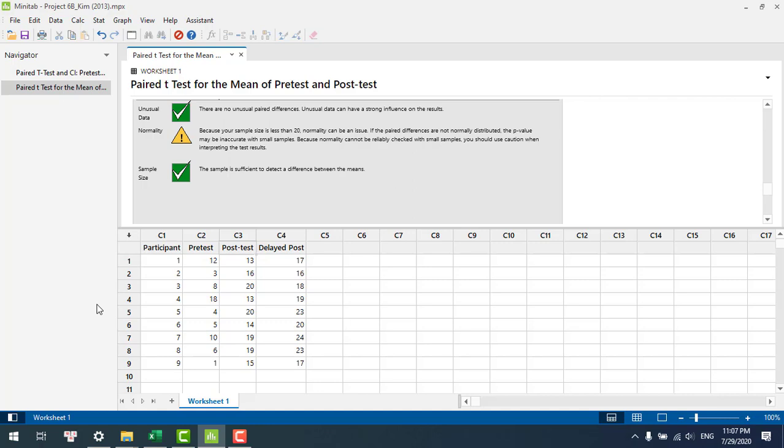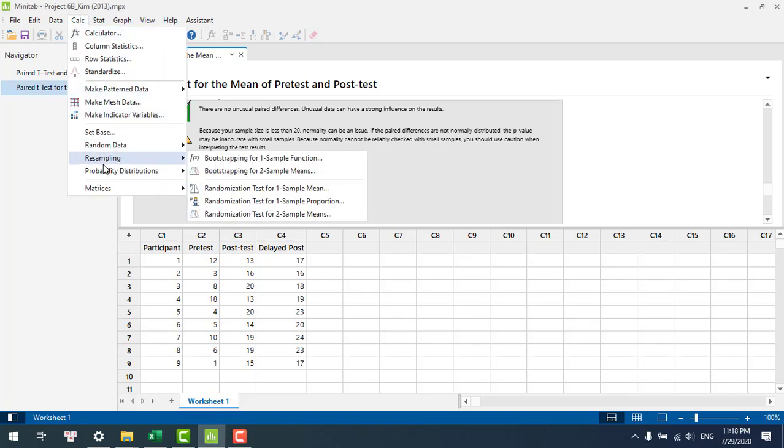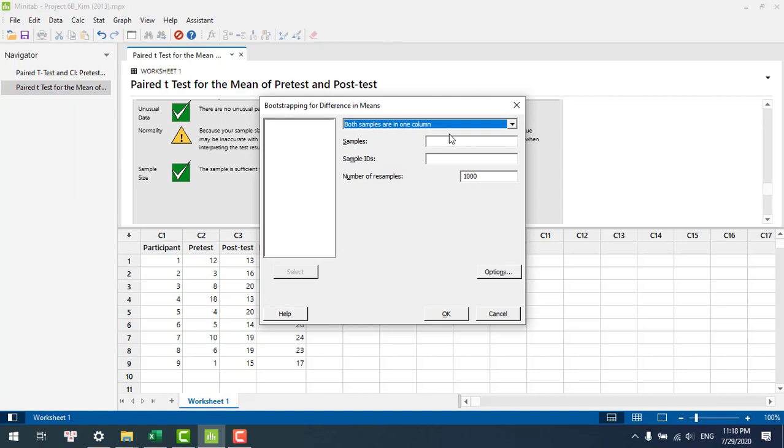To do bootstrapping, we go to Calculator, Resampling, and then bootstrapping for 2 sample means. Click OK, and we have them here in its own column.